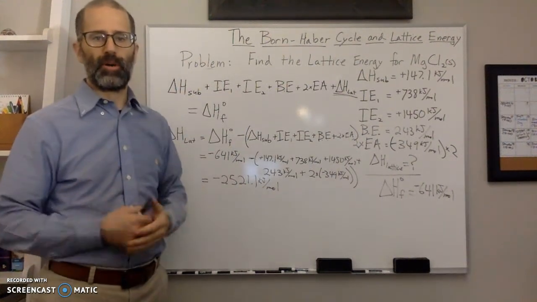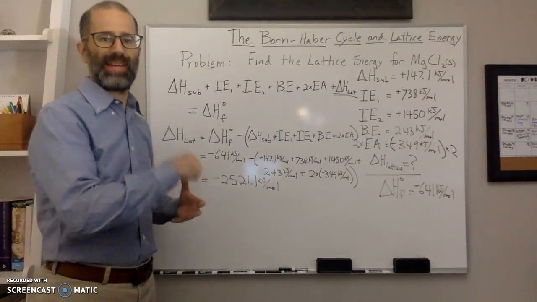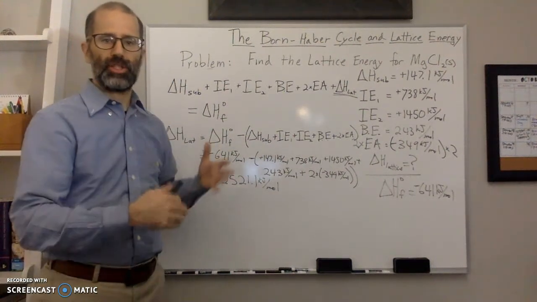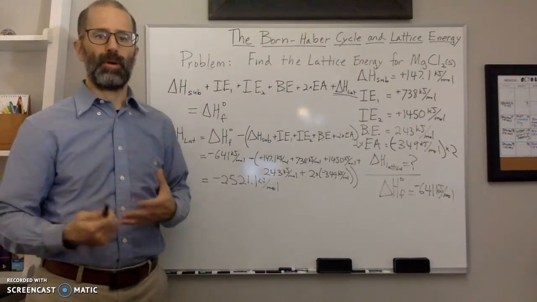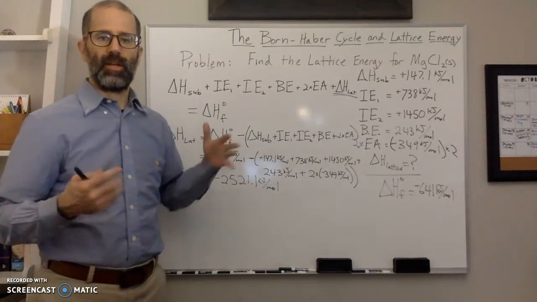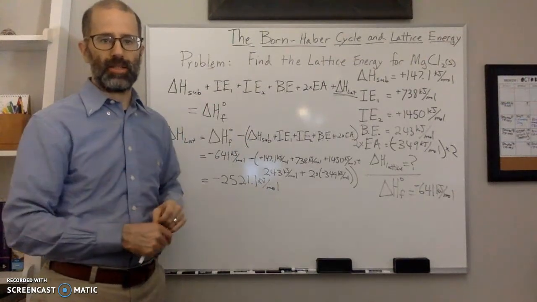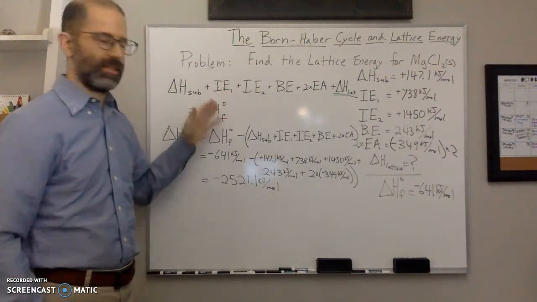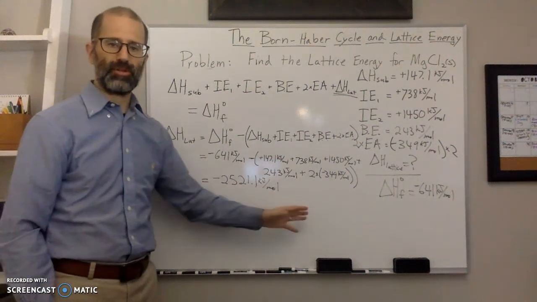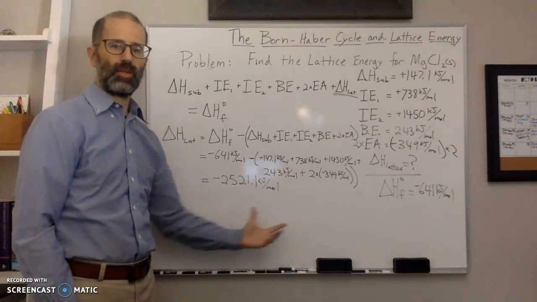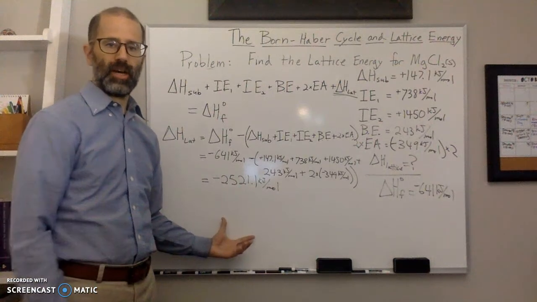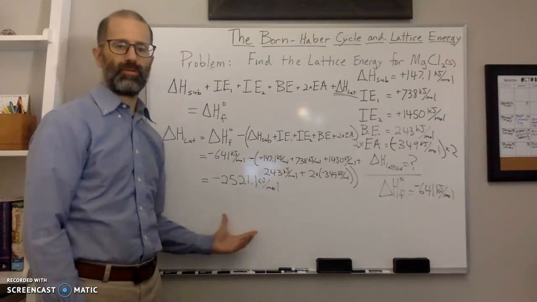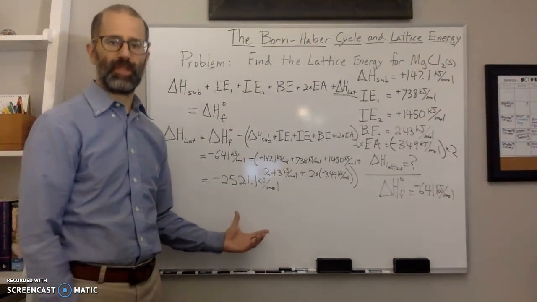You just have to remember how to write the equation for each step in the Born-Haber process. Once you have all the steps, you add them together using Hess's law, balancing, making sure everything cancels out to get the equation, which is the standard formation equation for that particular salt.